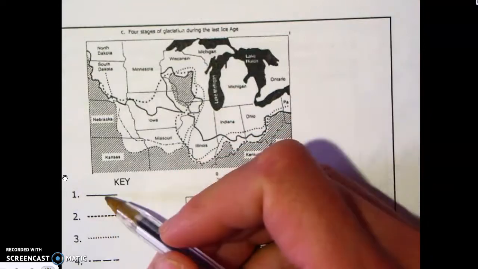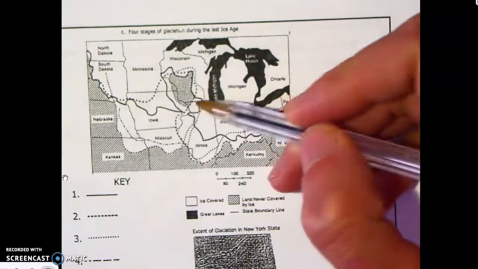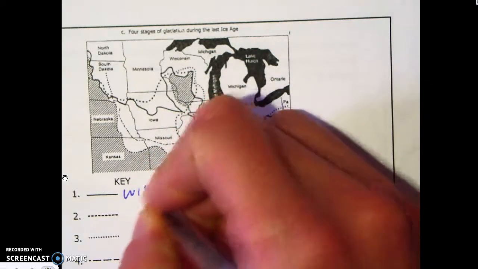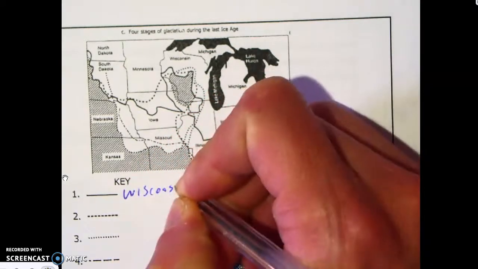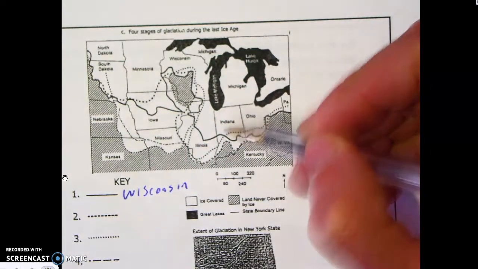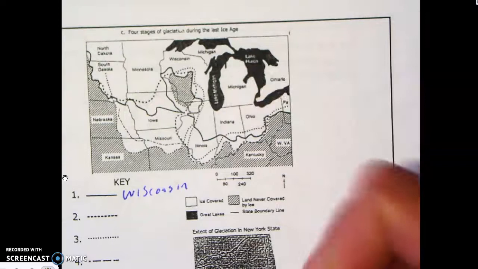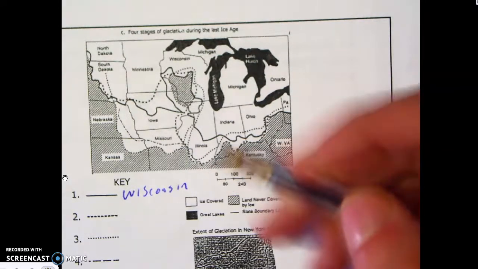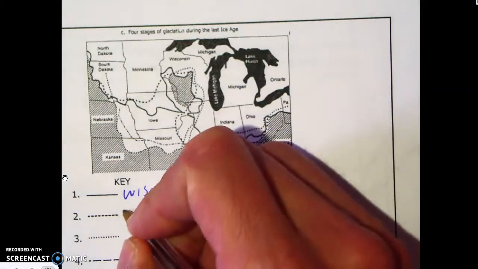So for example, number 1, the solid black line, was referred to as the Wisconsin Ice Age. And everywhere above the black line would be ice covered. Everywhere south of the black line would be free of ice. We have the dashed line being the Illinoisan.